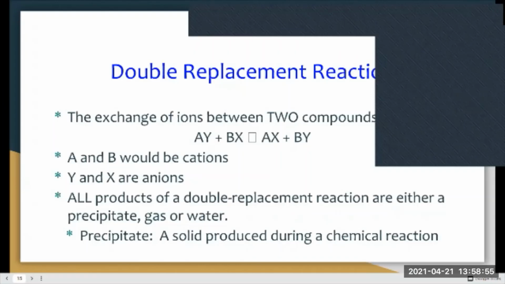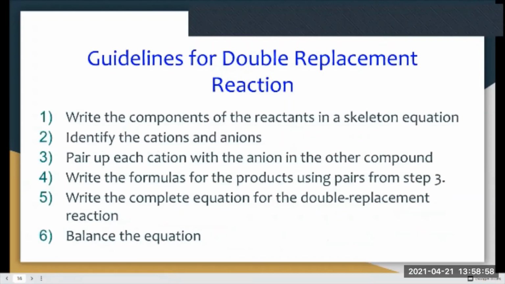Okay, so let's talk about when you're faced with a double replacement reaction, or you're given part of a double replacement reaction, like you're given AX plus BY, how do you know what AY plus BX is going to be? So the first thing you have to do is identify the components of the reactants. So basically, you have to figure out what the cations are and what the anions are. So this is where color coding becomes really important and really helps.